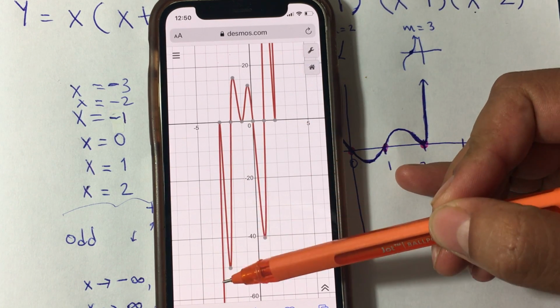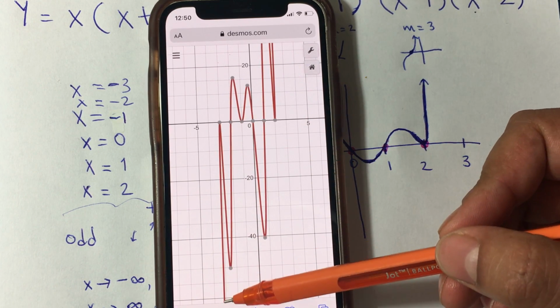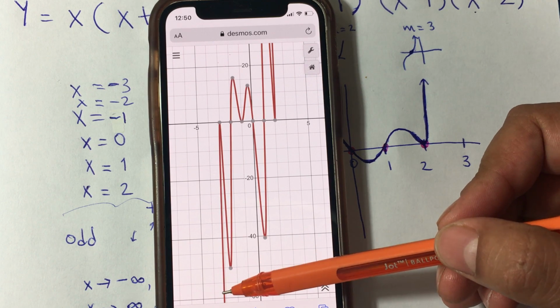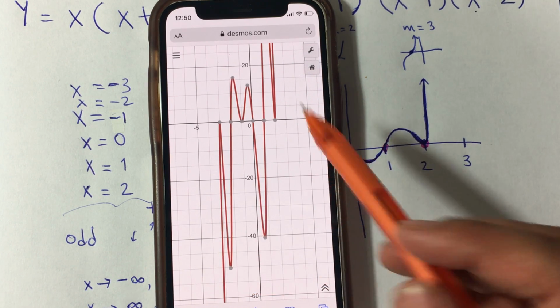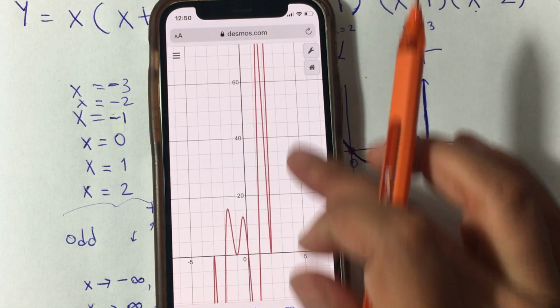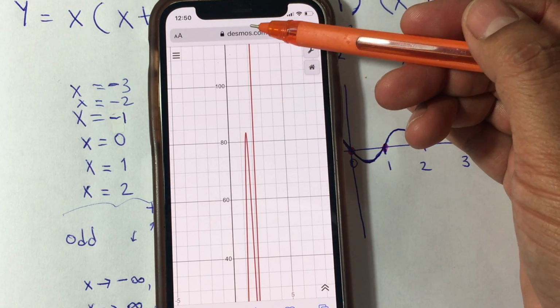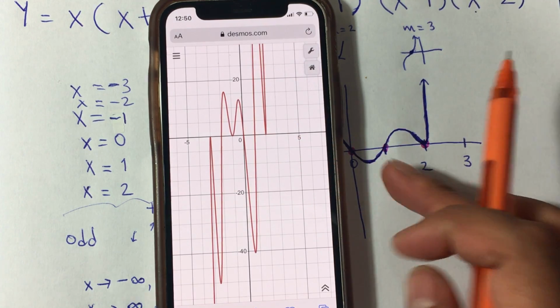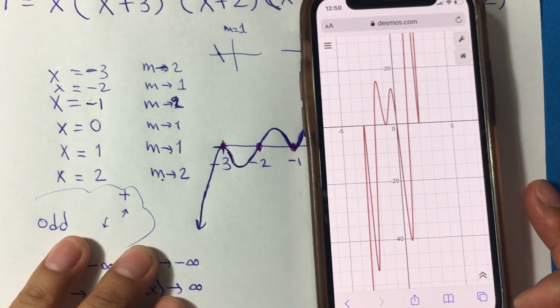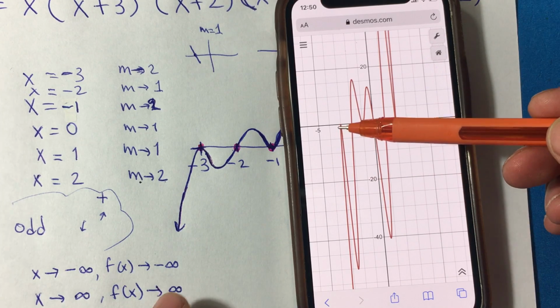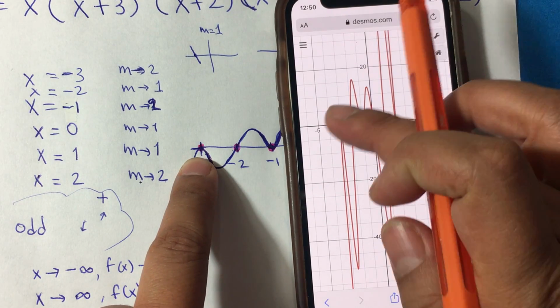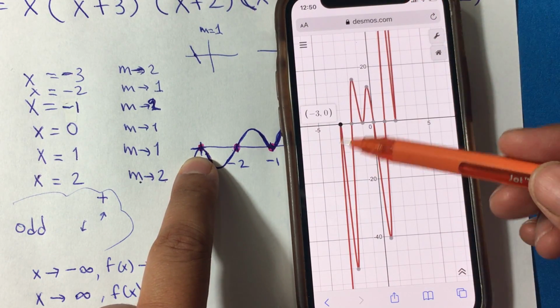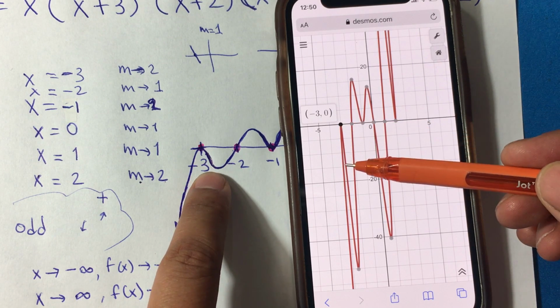So the end behavior goes infinitely down to negatives on the negative side of x. Also, it goes infinitely on the right side. But this is what I want you to see. It doesn't look exactly the same, but at -3, it touches and then it bounces.